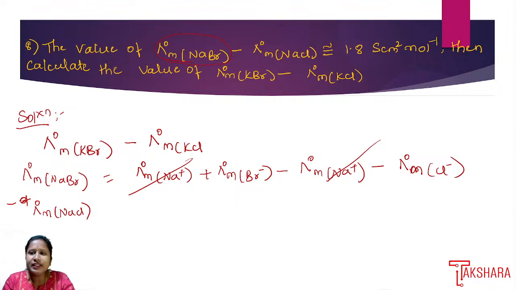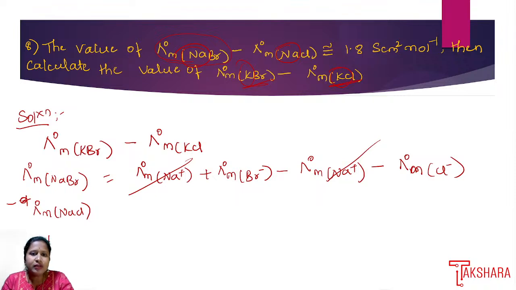In the same way, the difference here is lambda naught m of KBr and KCl are given, so here there is K, and there was sodium. If we cancel the terms by writing the sum of the individual ions, the solution will also be almost equal to 1.8 Siemens centimeter square per mole.